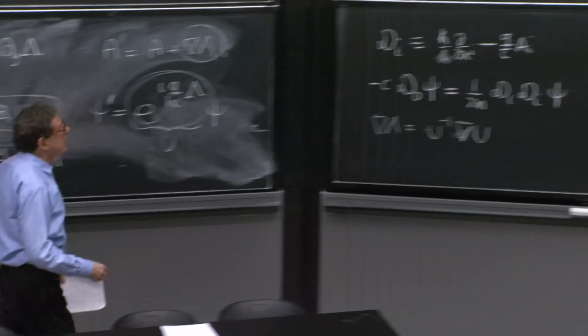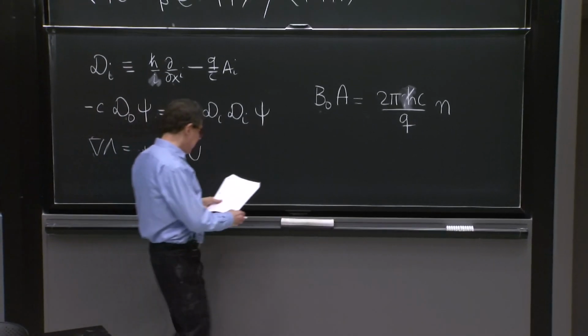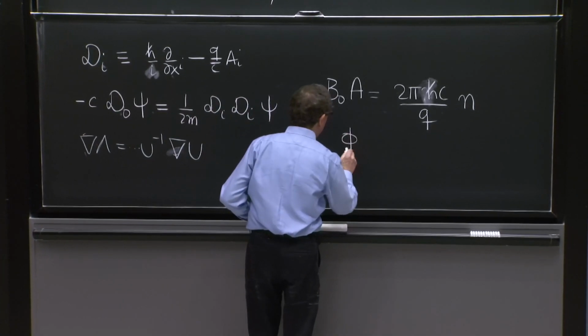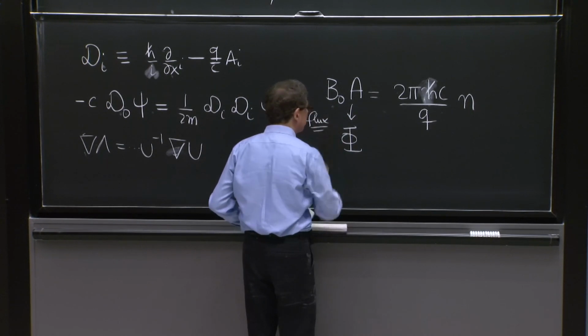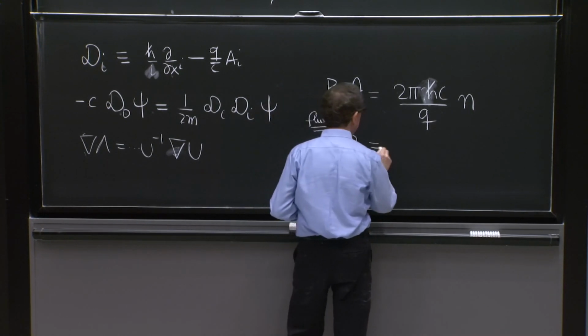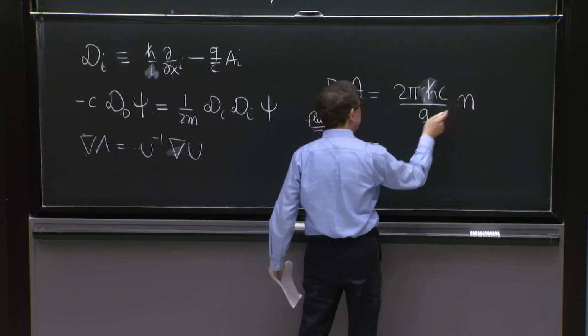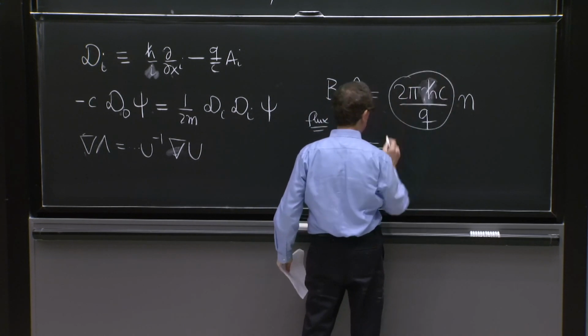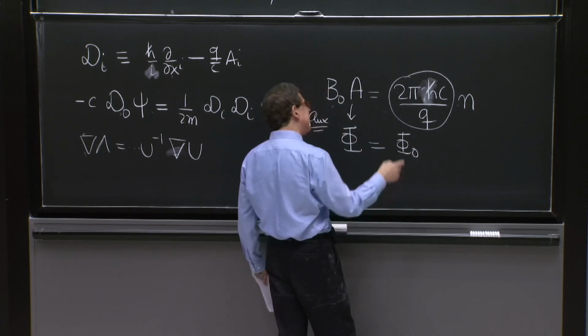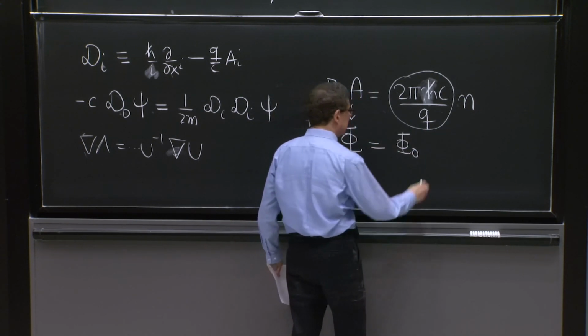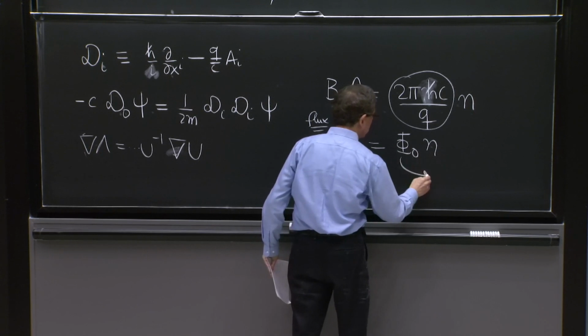B naught times A is equal to phi, the flux. And this flux is a multiple of this quantity, which is sometimes called the quantum of flux, the least possible flux, the flux quantum.